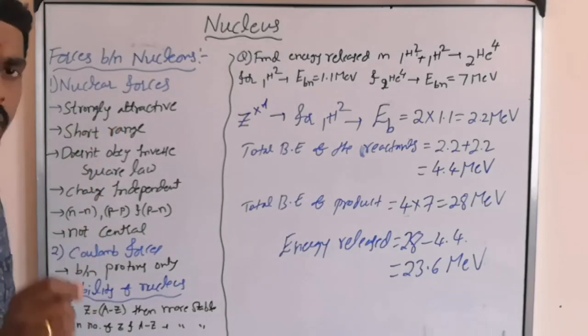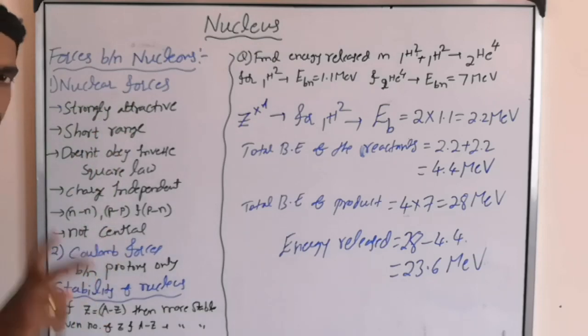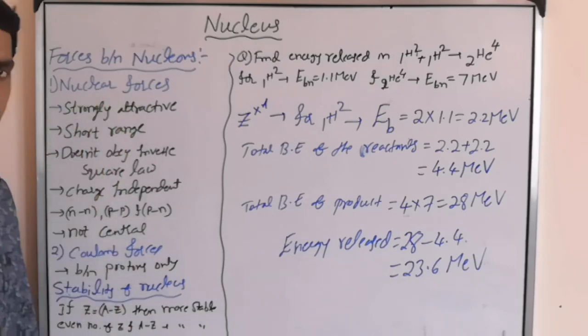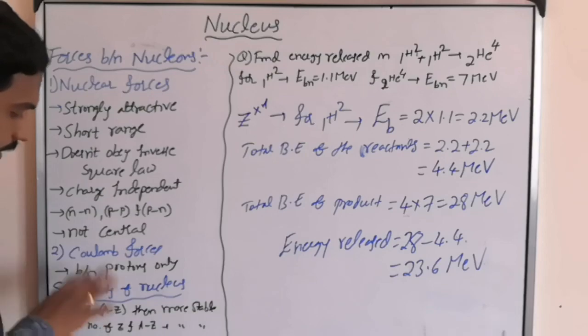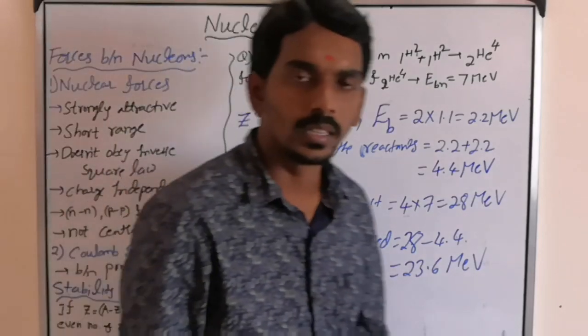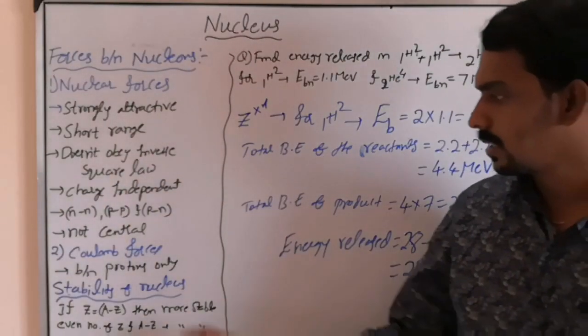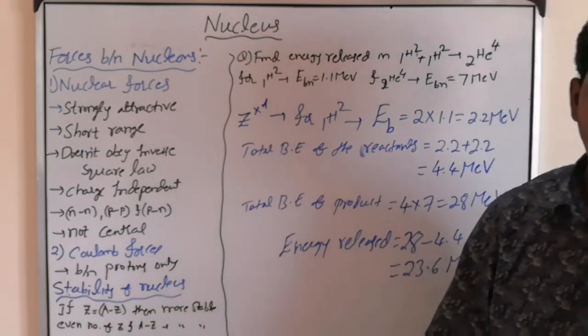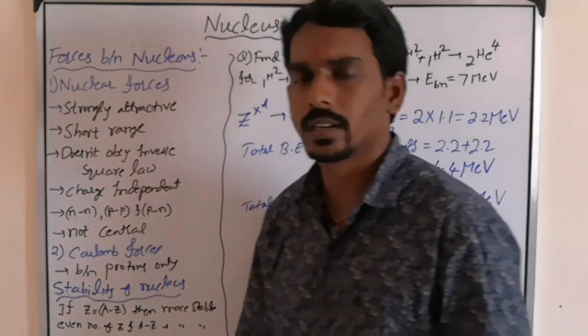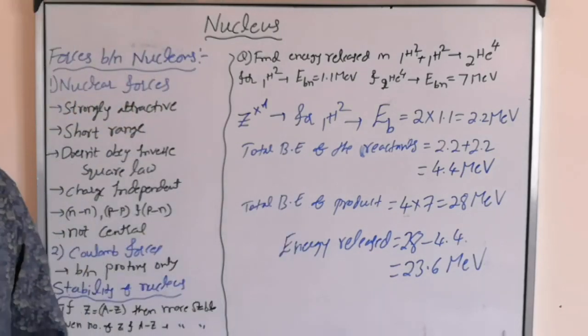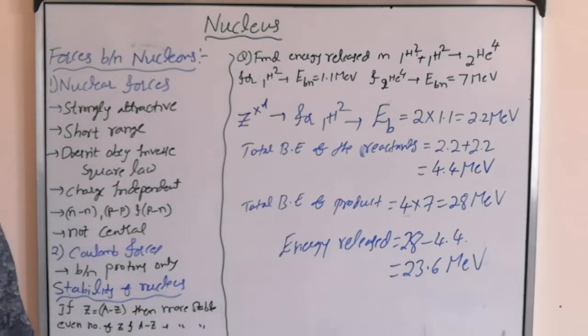So overall, mainly there are two types of forces that exist between the nucleons. Now, one last and final thing to discuss today is the stability of the nucleus. This is from experimental, laboratory data. Please try to remember it.